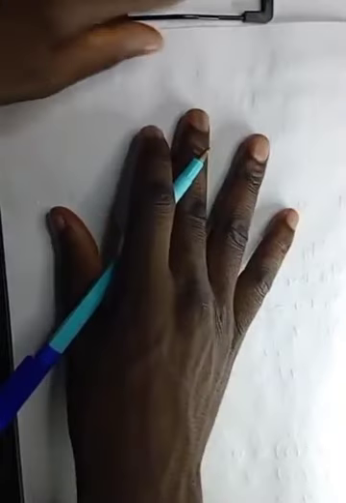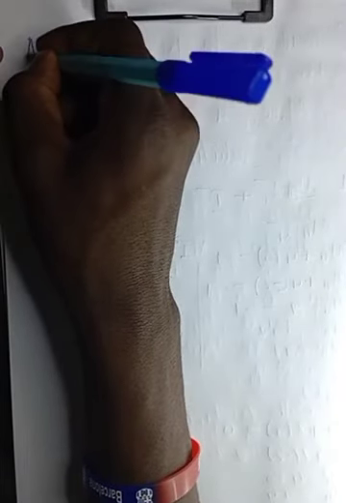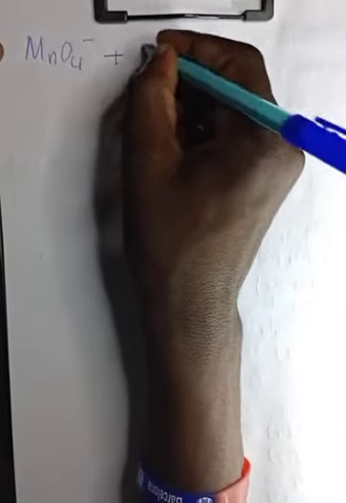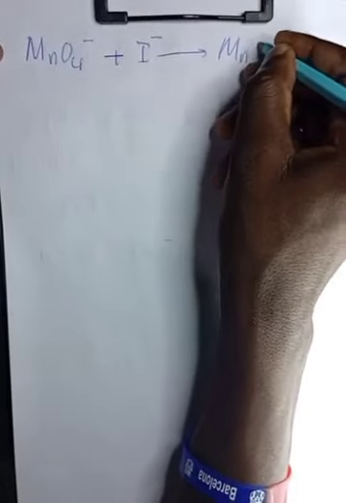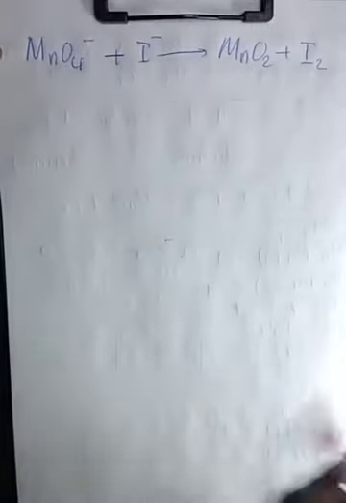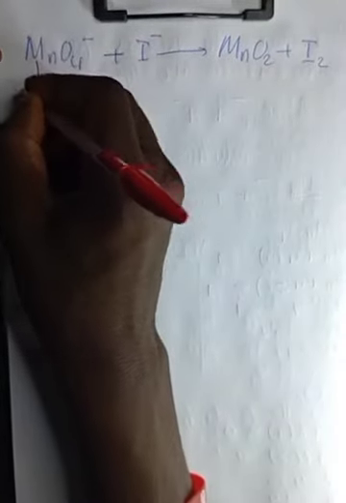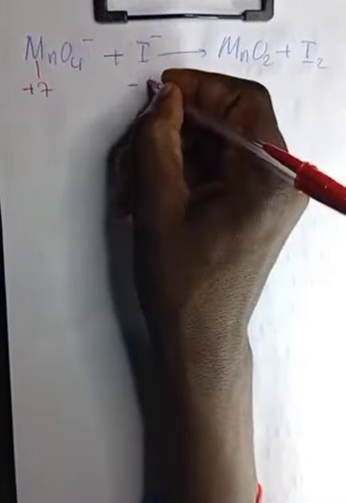So now let me just rewrite this into something that you can see properly. So what we have is, we calculated it was +7. Then this one is -1.